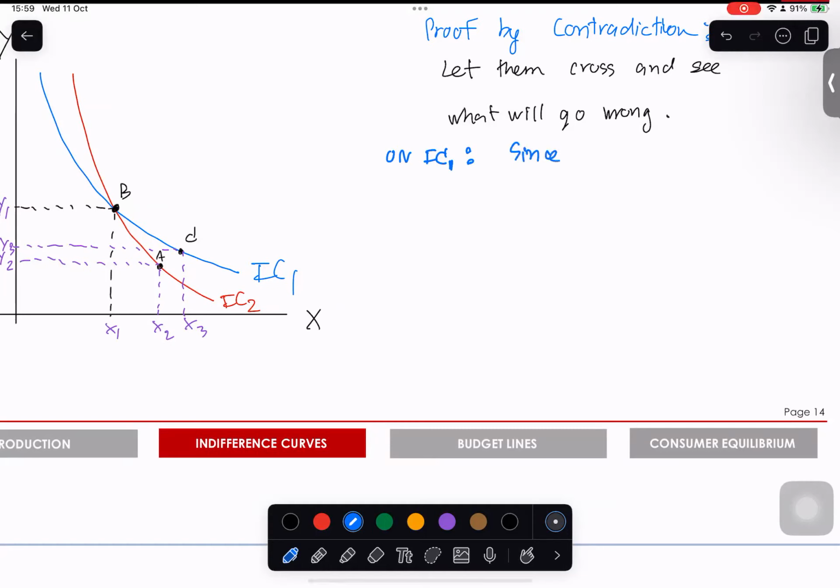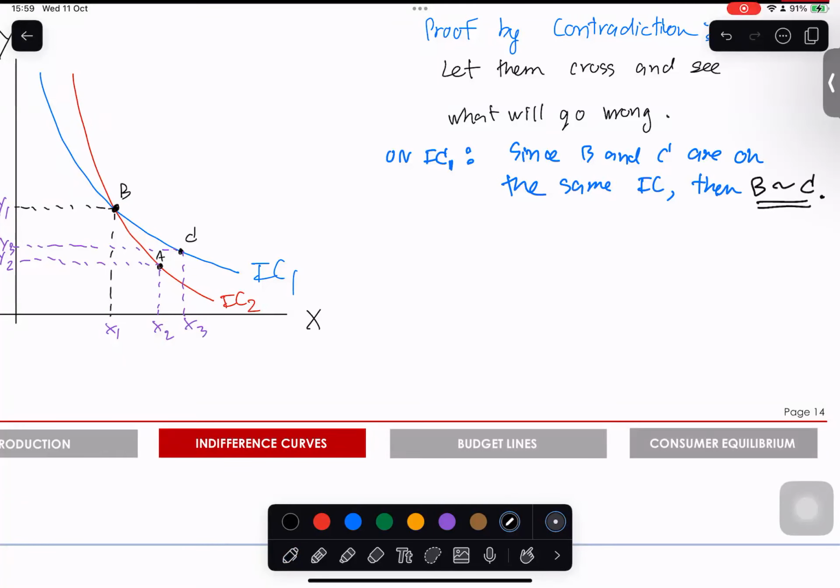Since B and C are on the same indifference curve, we conclude B and C must be indifferent. Full stop.